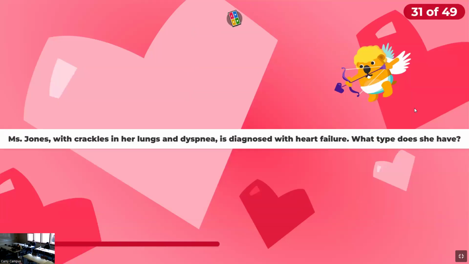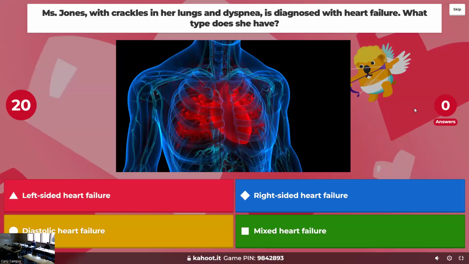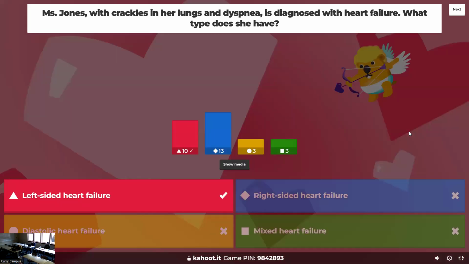Miss Jones, with crackles in her lungs and dyspnea, is diagnosed with heart failure. What type does she have? So, crackles in the lungs and dyspnea. The green is mixed heart failure, the yellow diastolic heart failure. All right, left side.